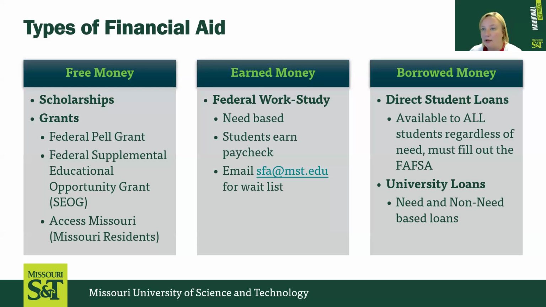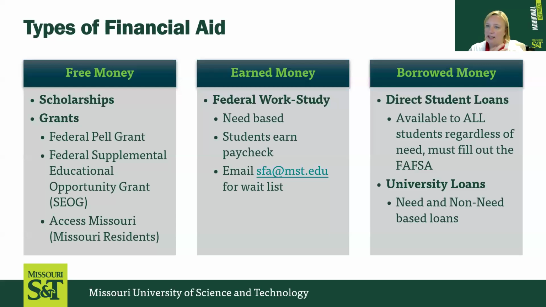The last type of money that we offer students is borrowed money. So this is loans that we would offer a student or a parent, and then they use those funds to pay for their expenses, and then later on have to repay it, usually with interest. And so it is the last piece of aid that we typically offer.